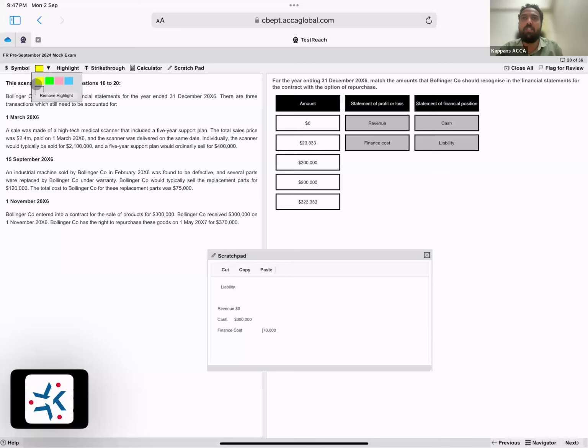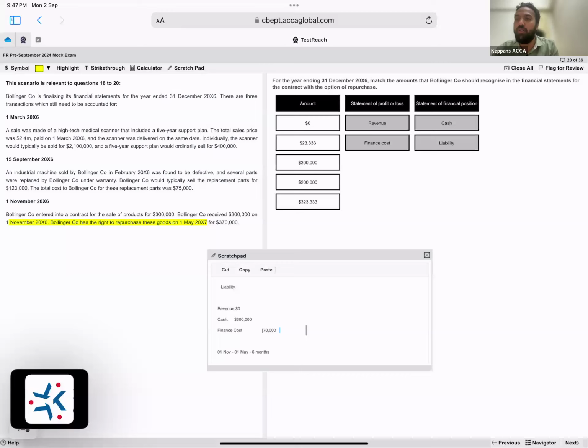So how many months are there from 1st November to 1st May? November, December, January, February, March, and April. Don't consider 1st May, it's only 1 day. So from 1st November to 1st May, it's basically 6 months.